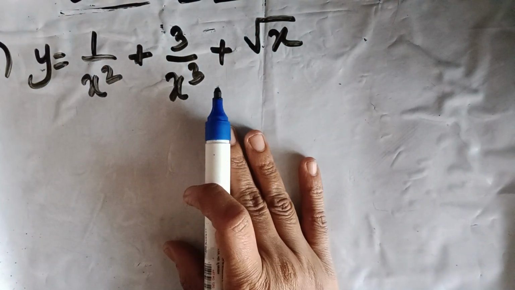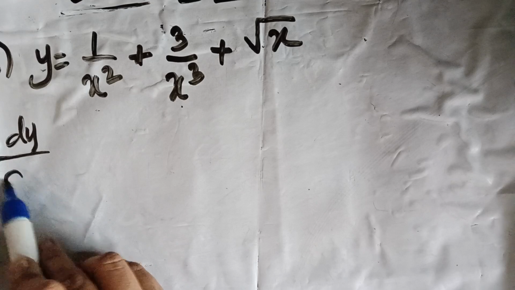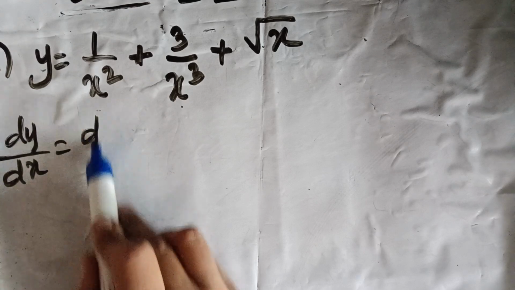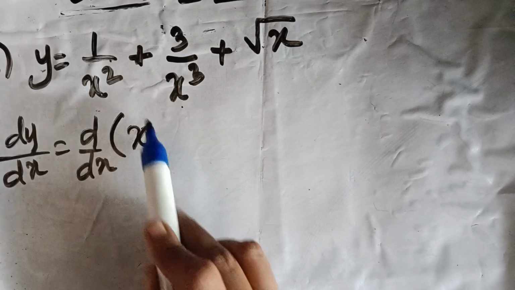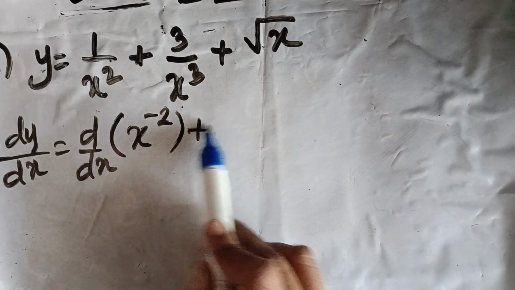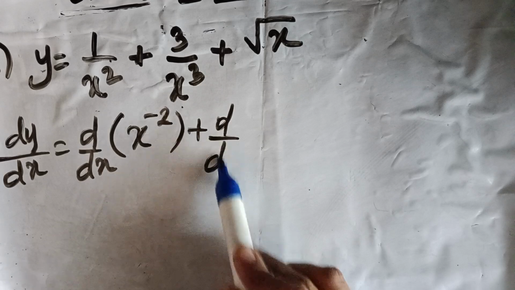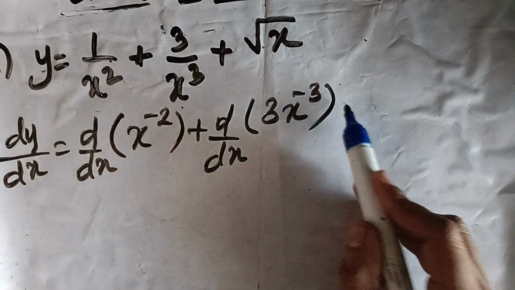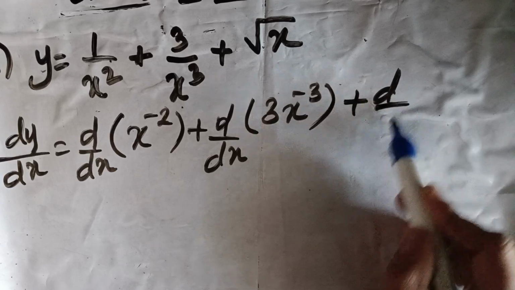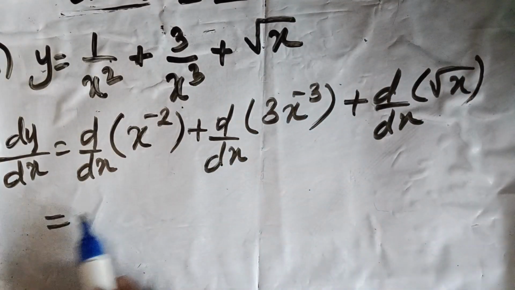Okay. Now this is given in the denominator. So to differentiate it, to write that in the numerator, how do you write this? So the power becomes negative. Okay. d by dx of 3x to the minus 2 plus d by dx of root x. Okay.